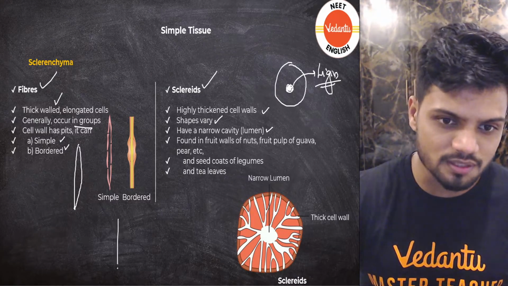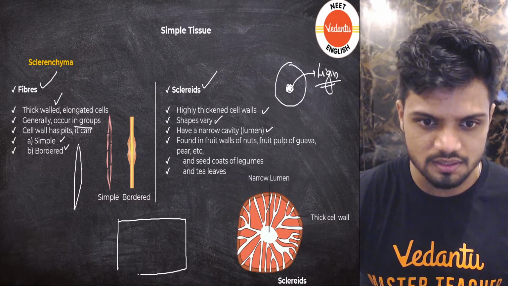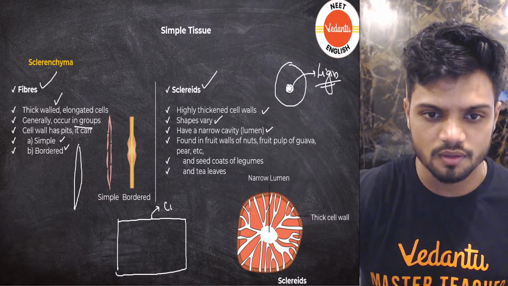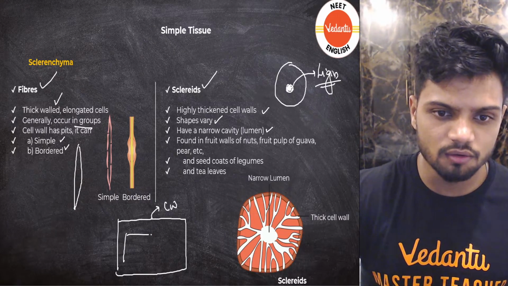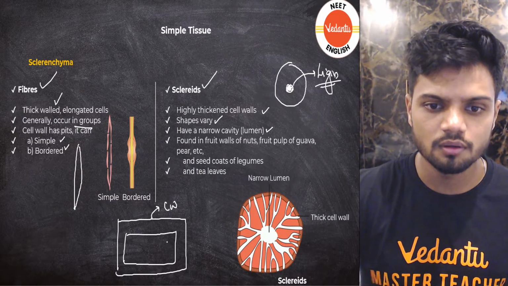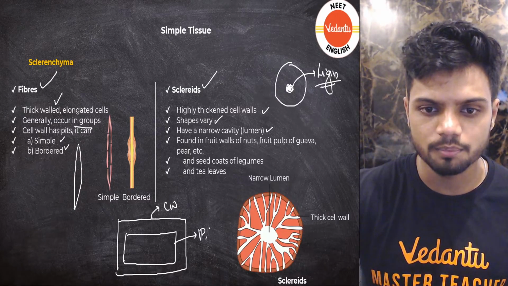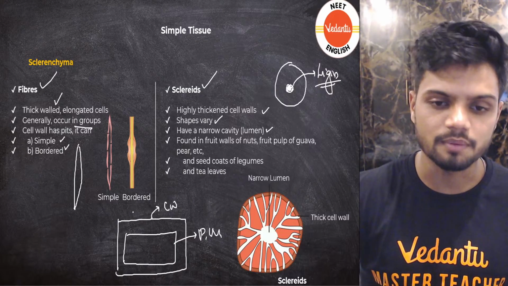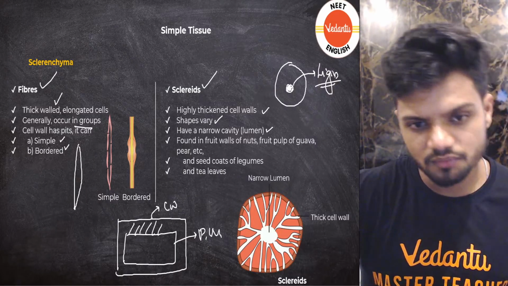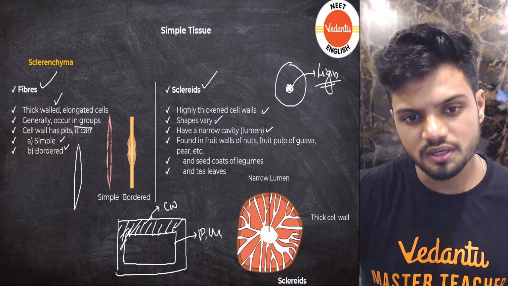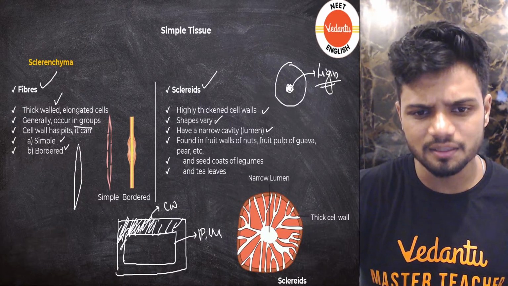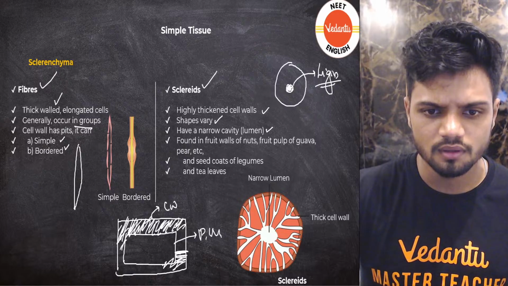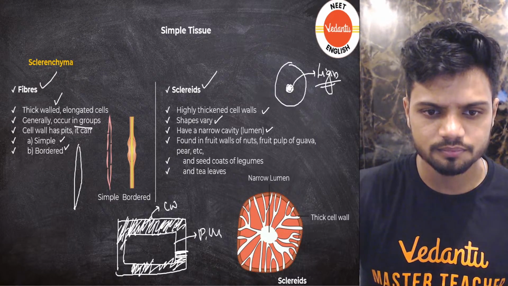Now here, understand what is a pit. For example, if this is a cell, the outer wall is called your cell wall, and the inner one is your plasma membrane, PM and CW. In the cell wall, there are nicely lignin depositions.